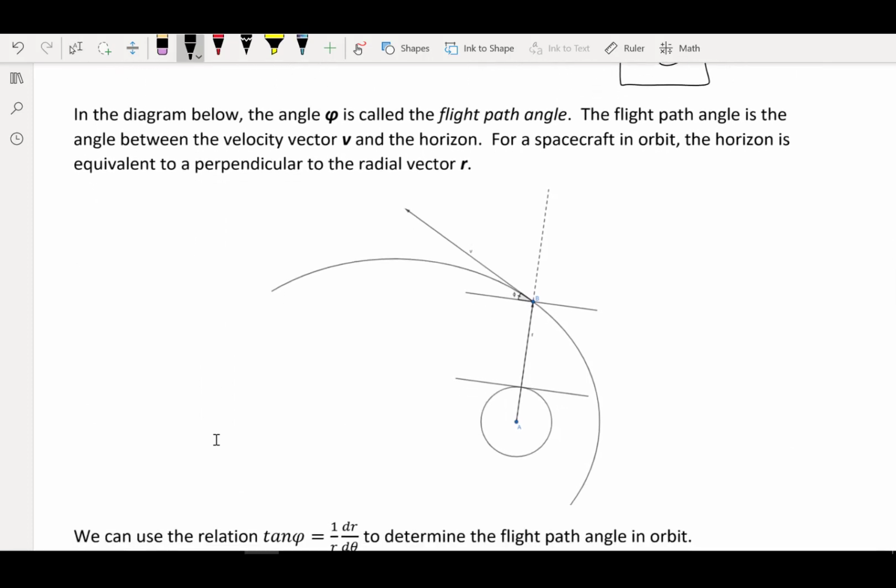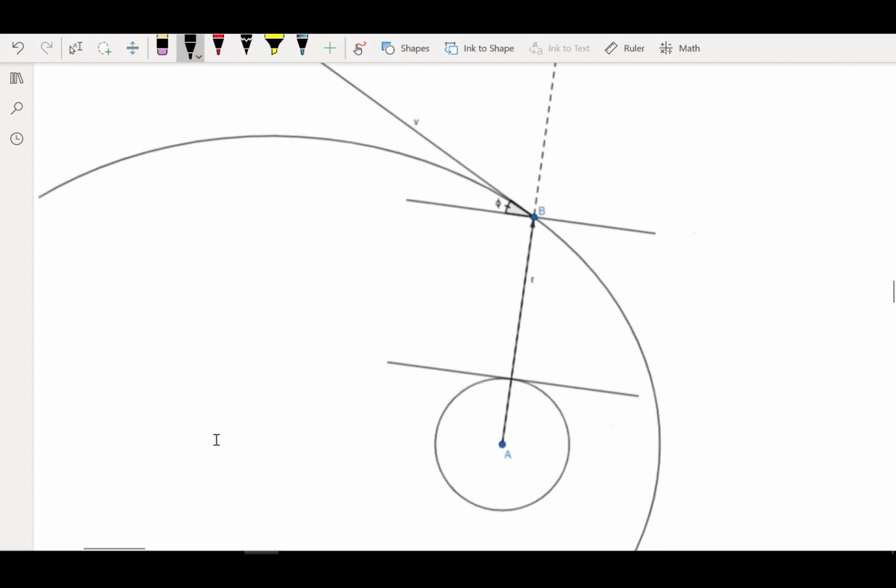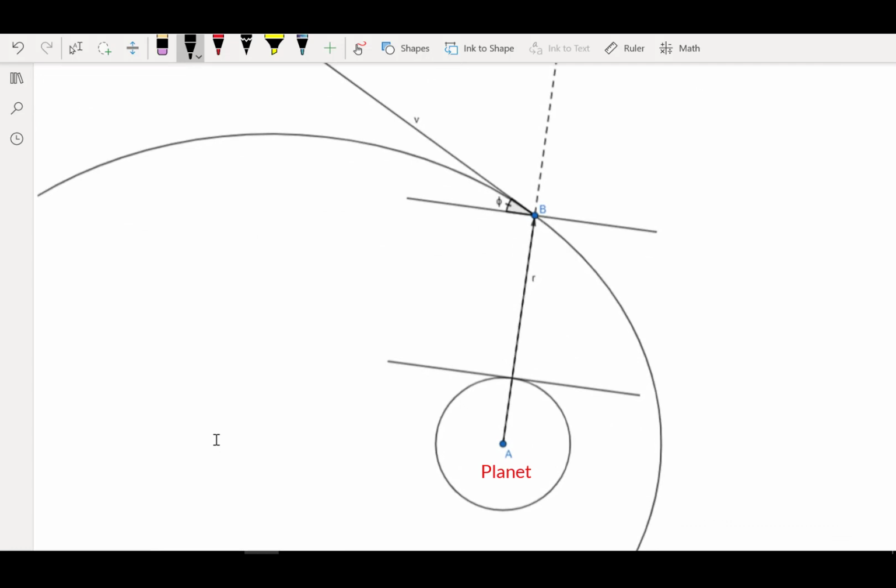Now let's move on to look at the flight path angle. Phi is the flight path angle, and it's the angle between the velocity vector and the horizon. You can visualize that here. So here's the planet, and this is an orbit, and here we have the horizon. If you were standing on this point, you look straight out. That's the horizon. You look straight up.